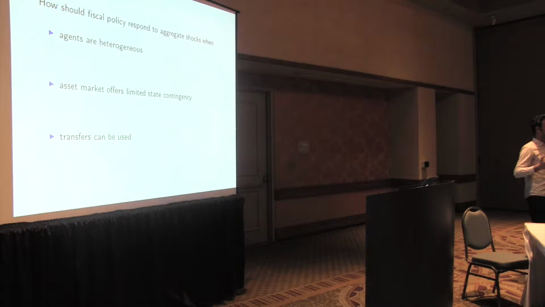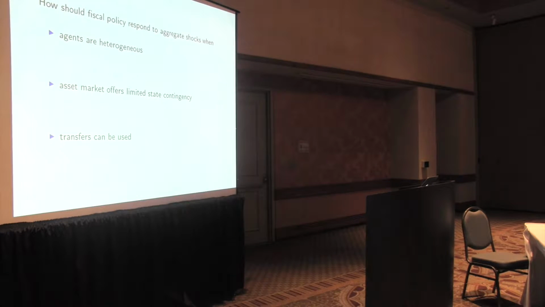It could come from the fact that there is inflation which moves around, or there's a maturity structure which the government plays. The existing benchmarks in the literature, which are either complete markets or a risk-free bond, do not fit what we see in the data. So what we are going to do here is develop a model where there is more flexibility than these two extremes, and try to see what happens to how fiscal policy responds.